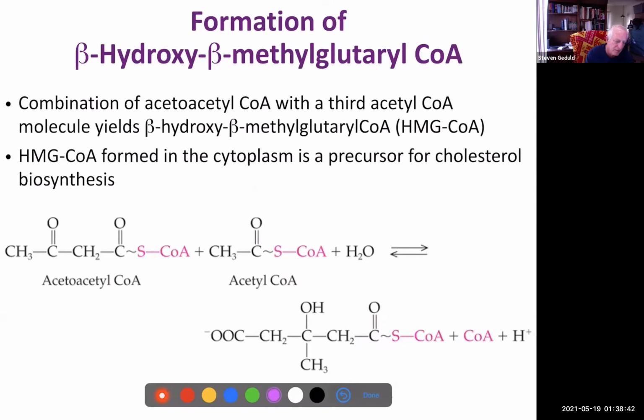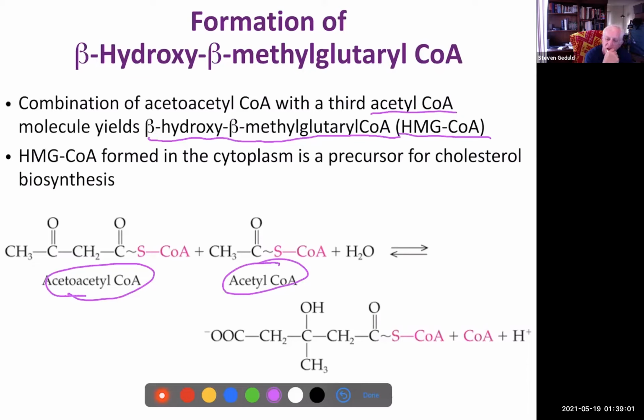Combination of acetoacetyl coenzyme A with a third acetyl coenzyme A yields beta-hydroxy-beta-methylglutaryl coenzyme A, HMG coenzyme A. So here's your acetoacetyl coenzyme A, and you're going to add another acetyl coenzyme A. Now you make it into a 6-carbon chain, and you form HMG coenzyme A. HMG coenzyme A formed in the cytoplasm is a precursor for cholesterol biosynthesis.